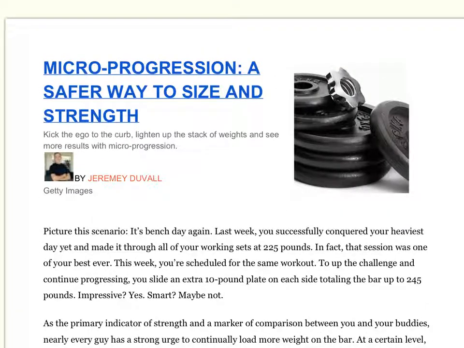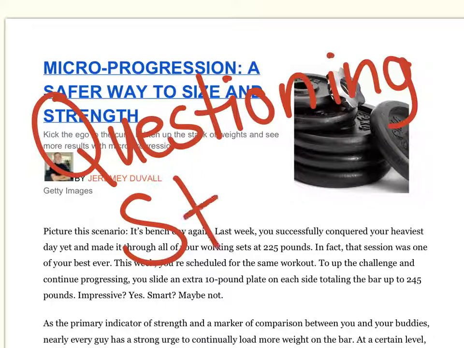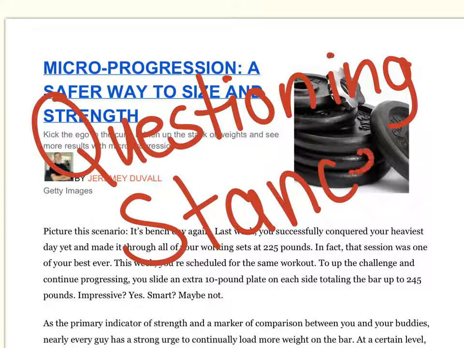Because one way that I can improve my understanding of a nonfiction text when I read it is to adopt what I call a questioning stance. I'll explain.